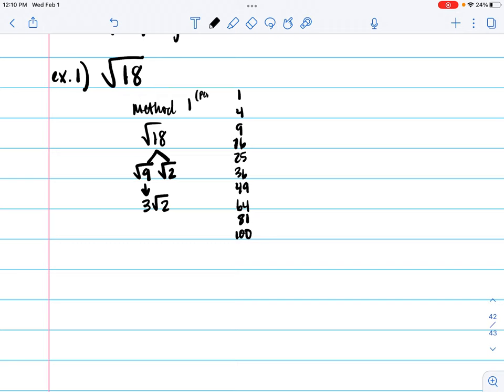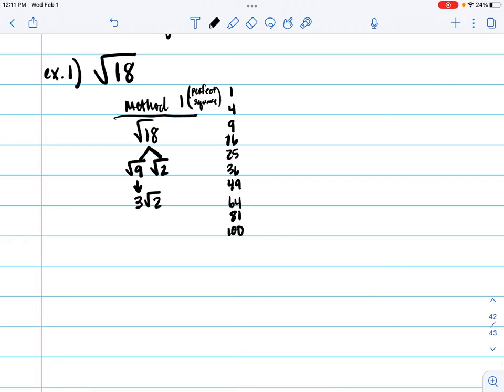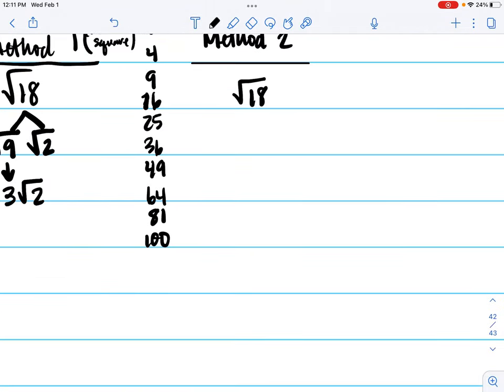So if you want to put perfect squares, then that's that method. Method 2 is a little bit more universal. Because if you don't know your perfect squares well, then I would recommend this method. What you would do is some prime factorization.